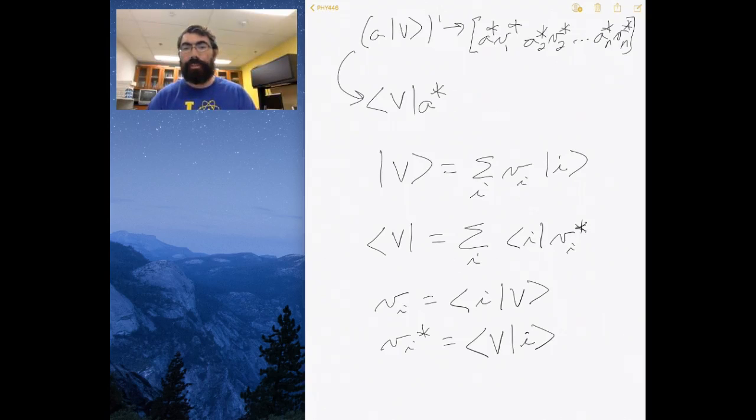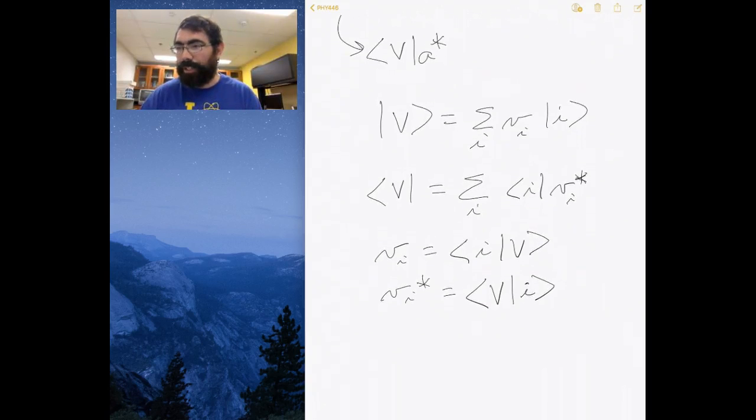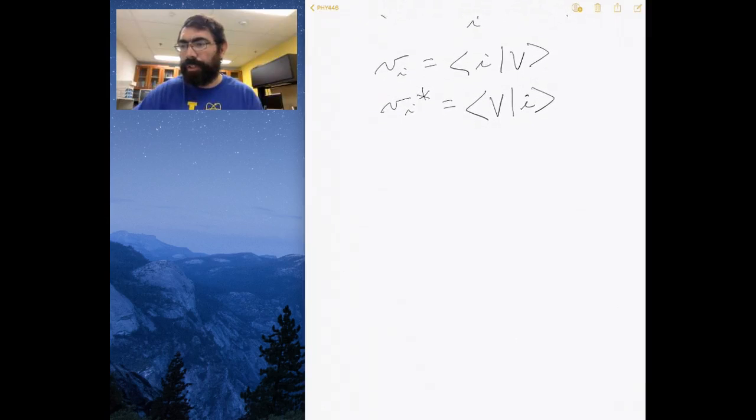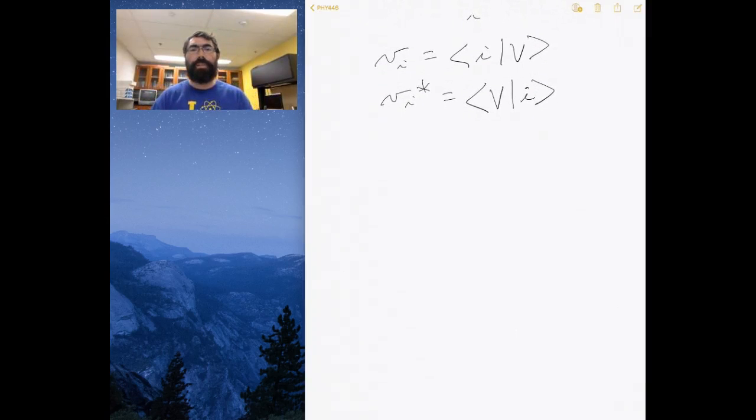So now we have rewritten these coefficients, which define our vector space, in terms of the inner product of the vector with the orthonormal basis, and we have it for both the regular components vi and the complex conjugate of those components.